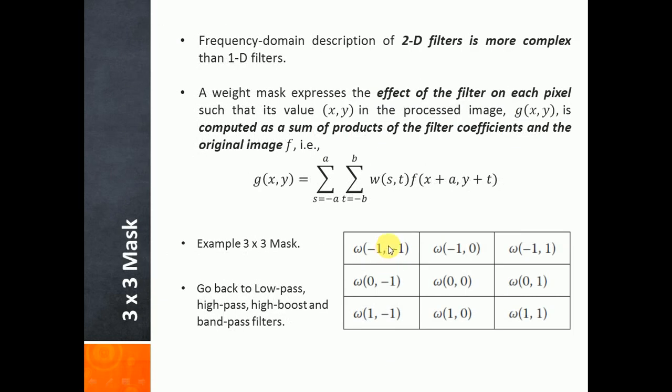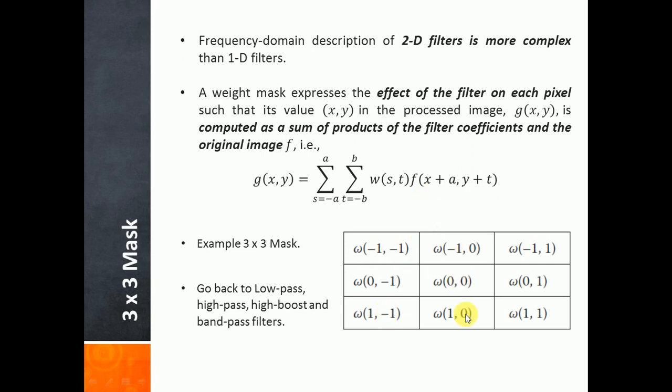So effectively, for instance, this is a 3 by 3. What you really have is the output pixel at x and y is related to the input pixel at x and y, plus a and plus b here. In other words, plus a would be moving it right and left, plus b would be moving it up and down. So the range tells you whether it's a 3 by 3, 5 by 5, or 7 by 7 mask.